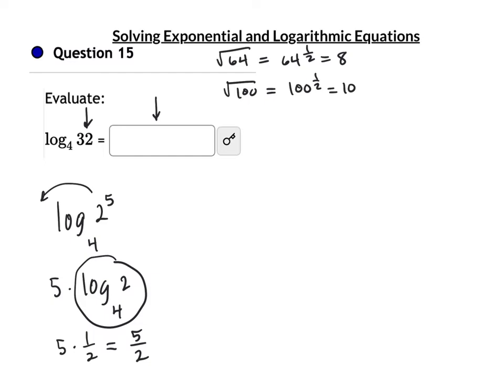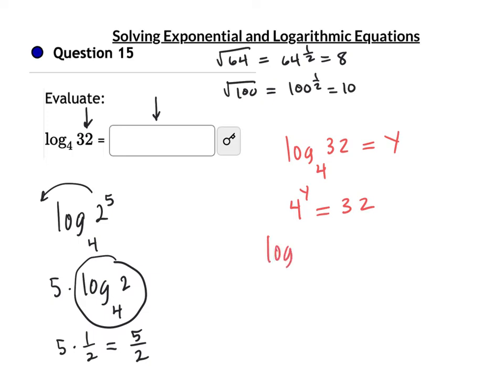What about the change base rule? How would I do that? I could say the log base 4 of 32 equals y. As an exponential expression, this is 4 to the power of y equals 32. Then I could take the log of both sides, and I'm going to use log 10 because I can use a calculator for that.